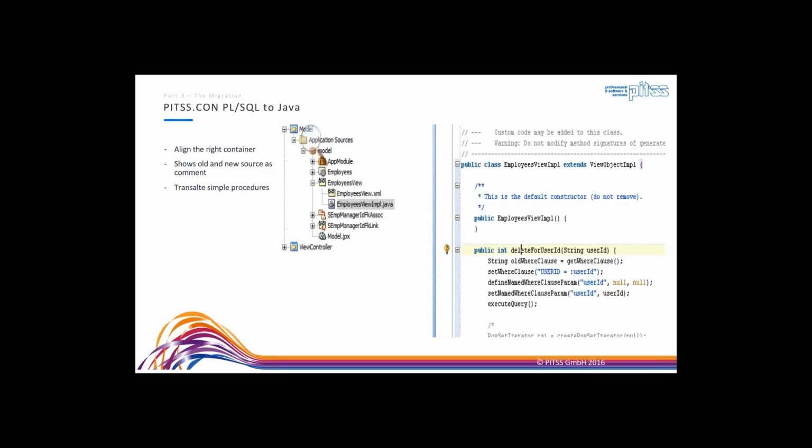So think about a method of deleting an item or proving the requirements or the check constraints for an item to prove the validation. These are very small and simple triggers in forms you use. And we do two things. First of all, we translate those methods into Java notation.